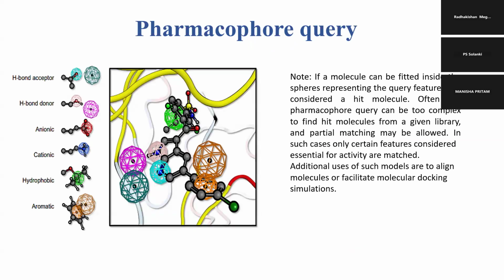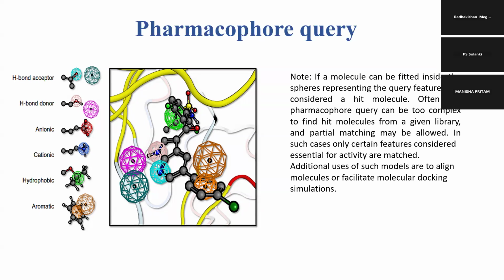Now, to generate our model, we have to generate some kind of queries. For example, we have a compound that has 6 hydrogen bond acceptor, 5 hydrogen bond donor, 4 anionic, 4 cationic, 4 hydrophobic, and 5 aromatic properties. In that case, we can't go for all those parameters.